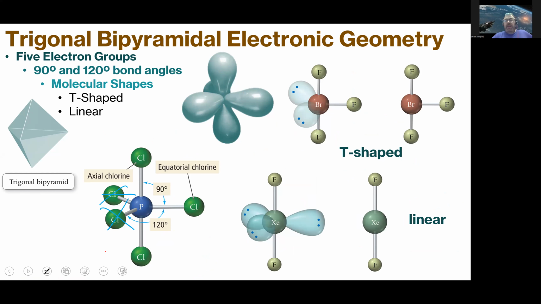And that ends up being T-shaped because you're left with just the axial ones and then one of the equatorial ones. BrF3 is a good example of that. And if you go with XeF2, then you have something that's linear because you've taken up all 3 equatorial spots with lone pairs.